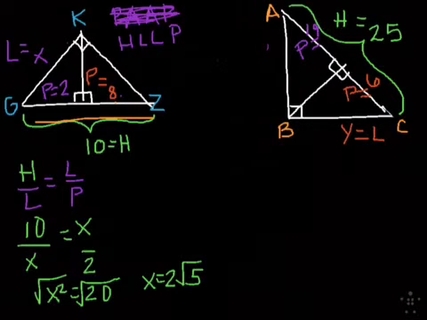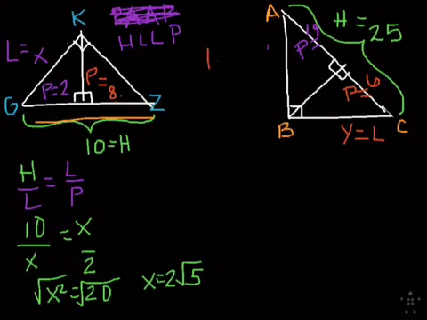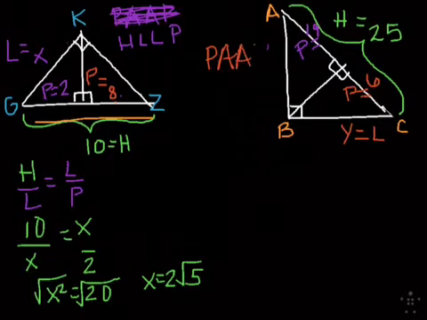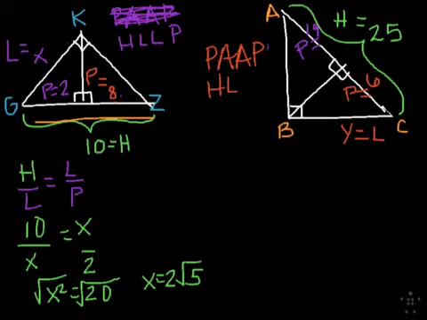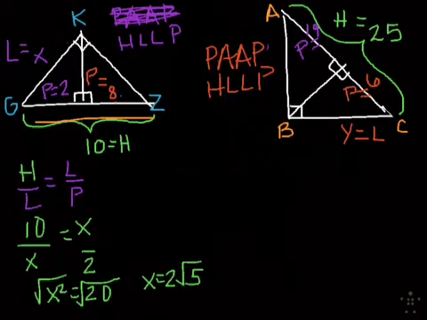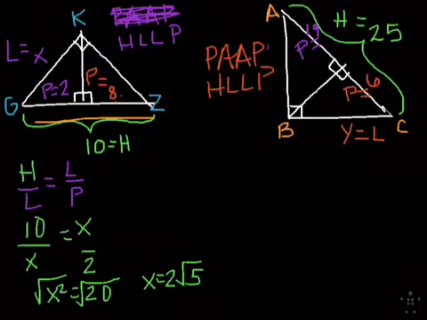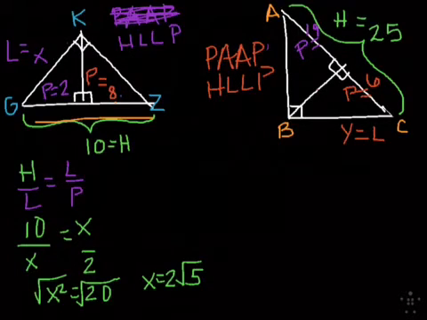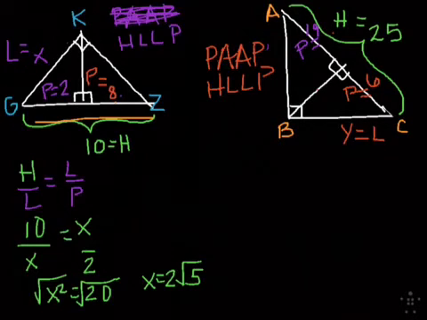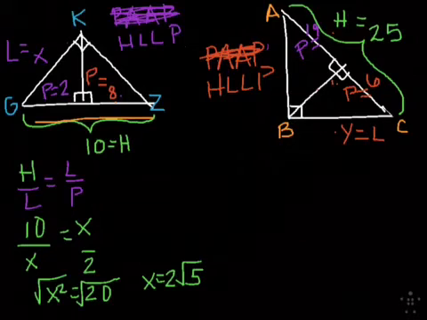So, are we going to use PAAP or HLLP? Once again, we don't know the altitude, so that's not going to be helpful. But I do have the hypotenuse and a pair of parts and legs, so I'm going to use HLLP.